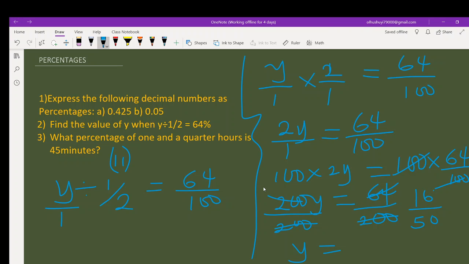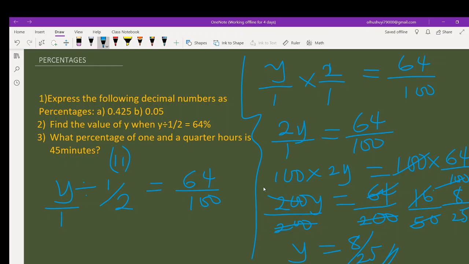See that? Then break this down again. 2 into 16 is 8, 2 into 50 is 25. So your y is equal to 8 upon 25. That's what y will be equal to.